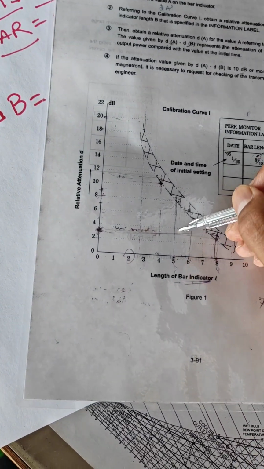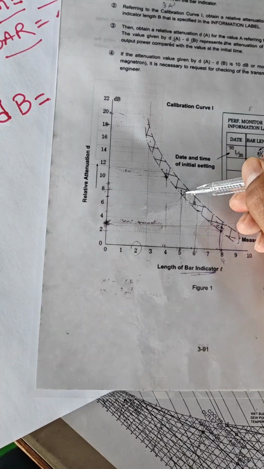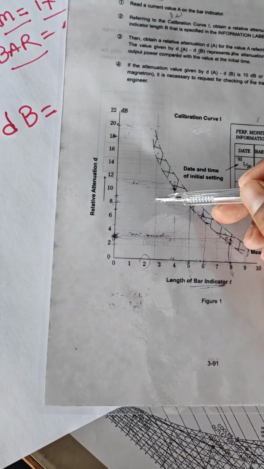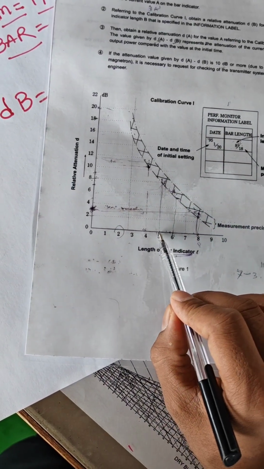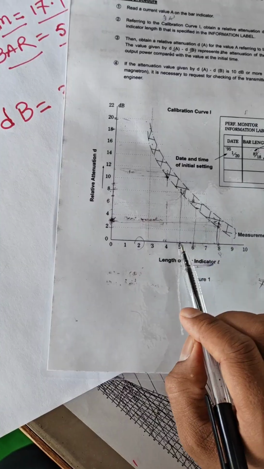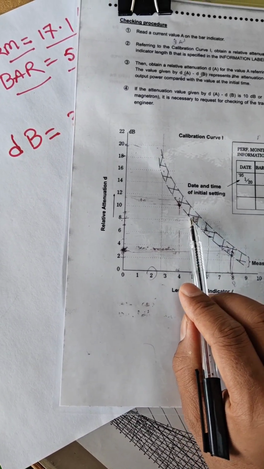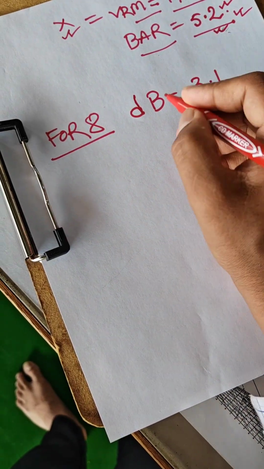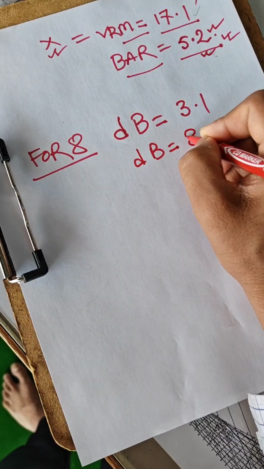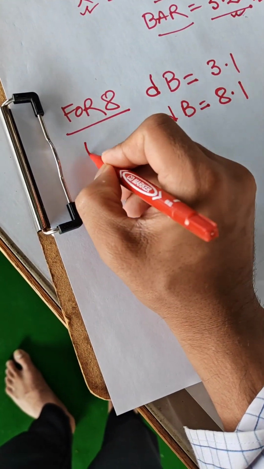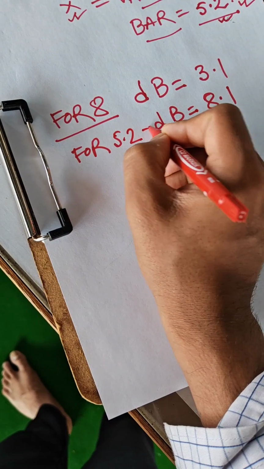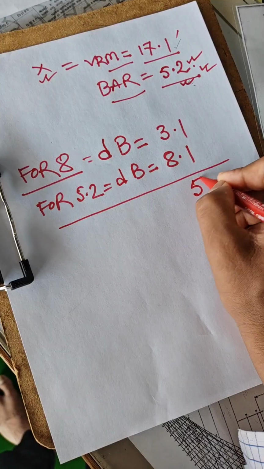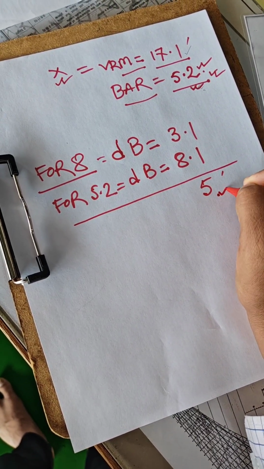Just go up, around here in the middle, after that go this way, and you will find around 8.1. So the dB is 8.1 for 5.2. Understand guys, you have to check the difference. What is the difference? The difference is 5 dB.